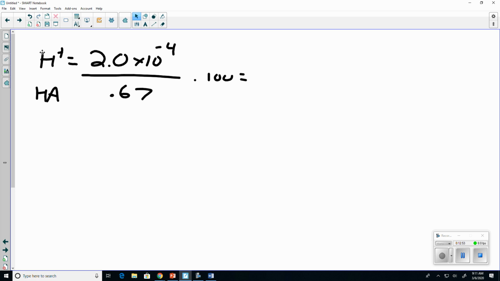Which in this particular problem with 2 sig digs is 0.030%. And it's typically going to be a small value. 5% I would even consider to be fairly small. But that's all that last calculation is.